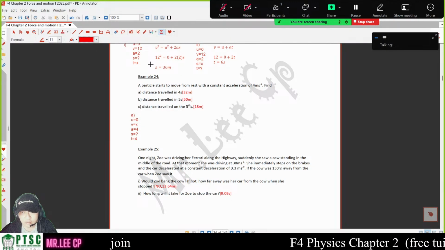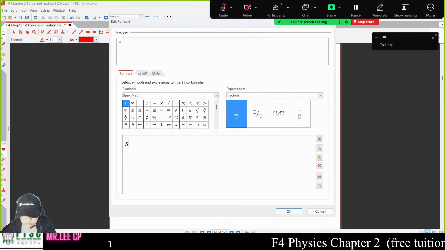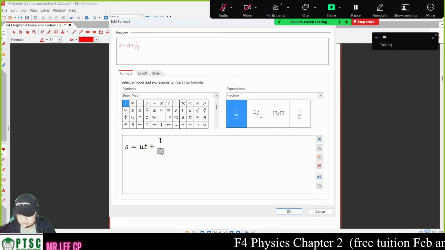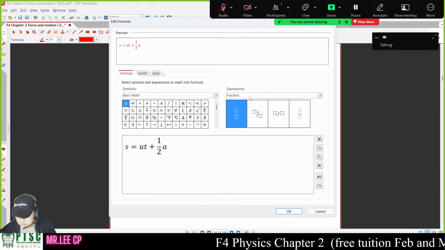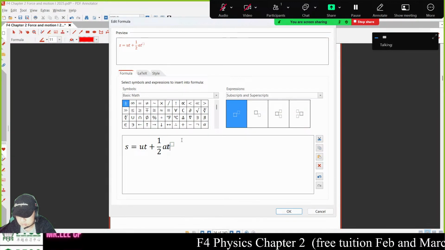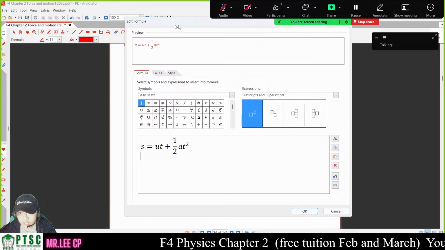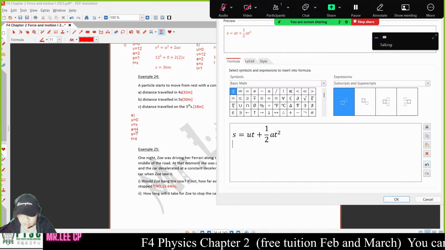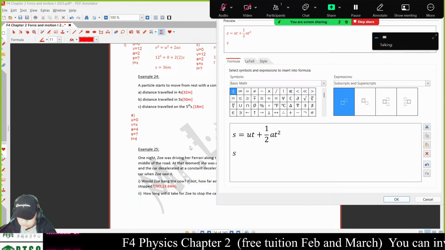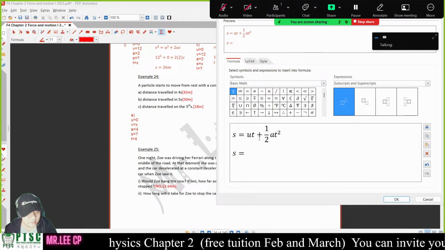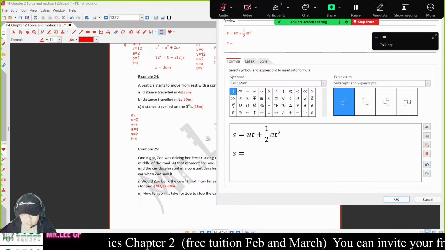So now S is equal to UT plus half AT squared. S we don't know, you leave it here. Now UT, 0 times T, I don't want to do it because 0 times whatever is equal to 0.